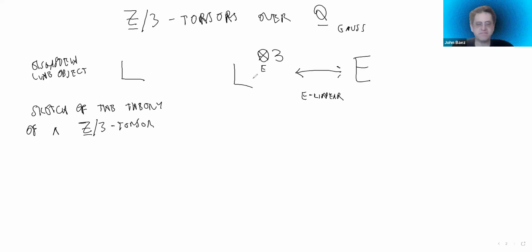It has to do with the way that we're thinking of this. We sometimes call it a descent approach to understanding what a Z mod 3 torsor is in general.